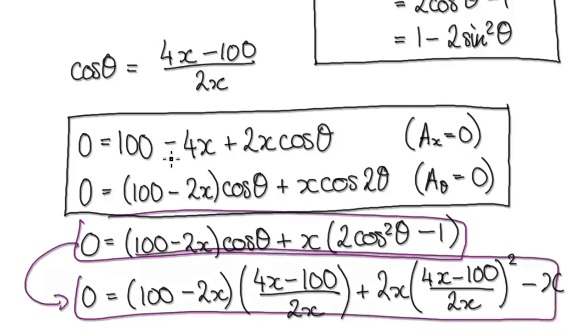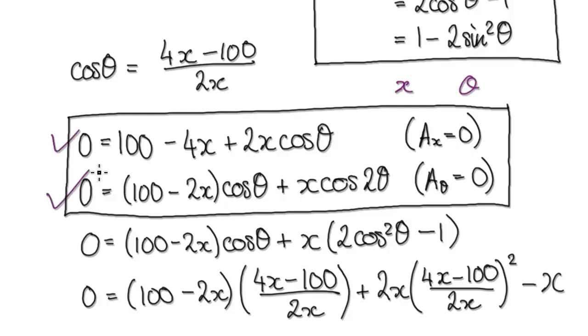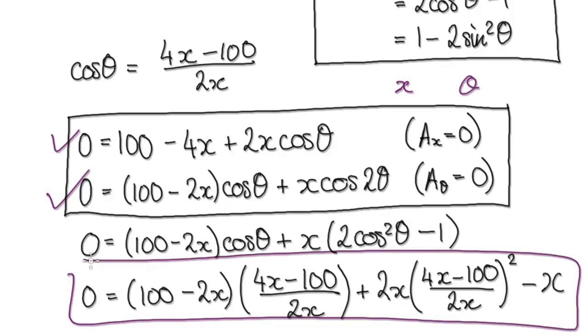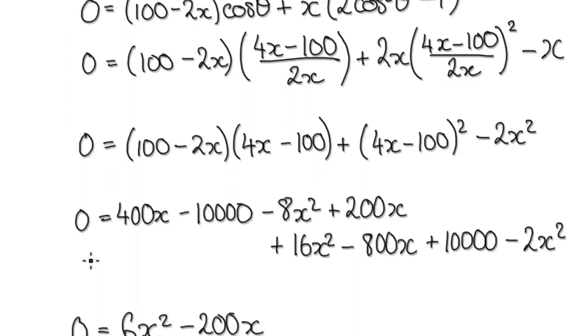So now we are in effect trying to solve these two simultaneously. We've got to find x and theta such that both of these will be satisfied. So that will then take us to here, and then we can simplify.